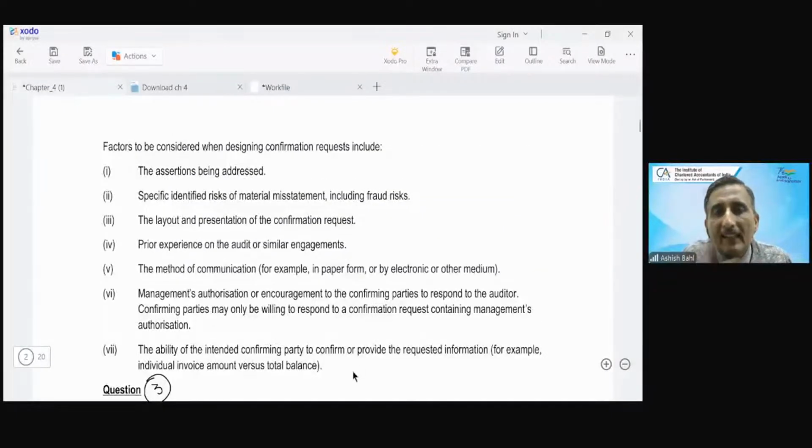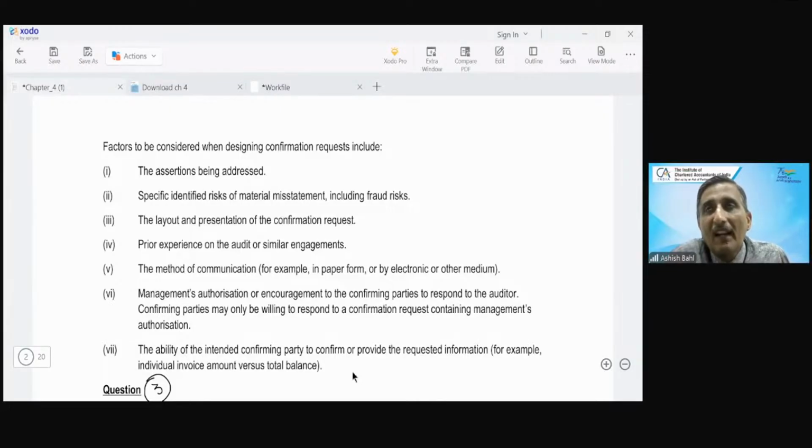So factors to be considered when designing confirmation requests. Now the assertion being addressed, what does it mean? It means for which balance you are sending the confirmation request, whether that party is your debtor or your creditor, whether you are asking about sales transaction or purchase transaction.